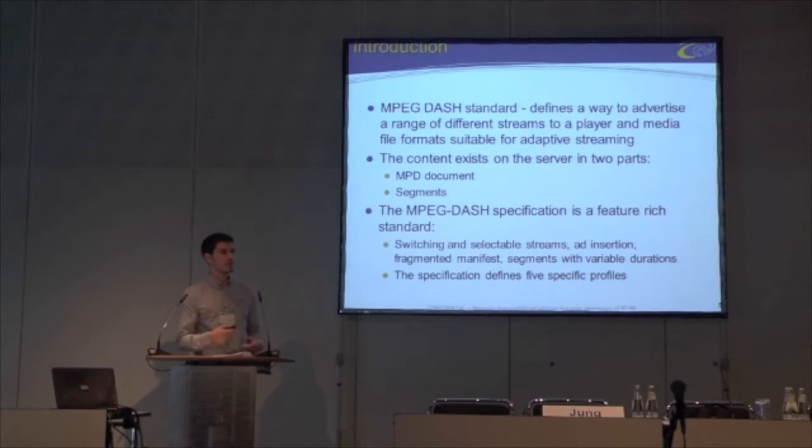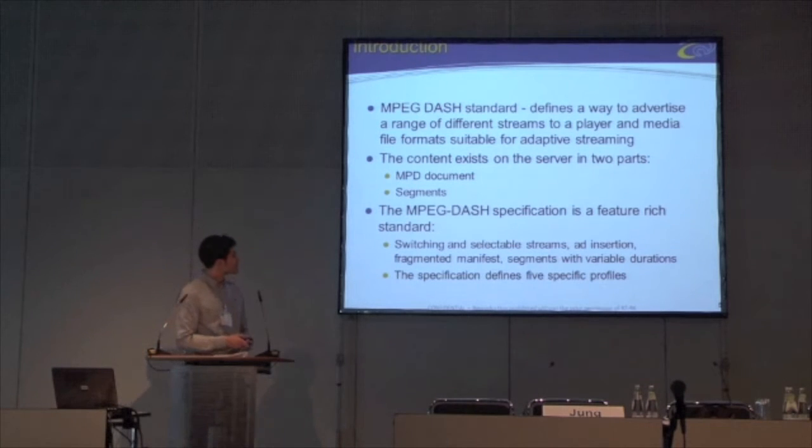It's short for multimedia presentation description, and that's the manifest file from where the client can obtain all the needed information for streaming the content. And the other part is the segments. The segments represent the actual multimedia content.